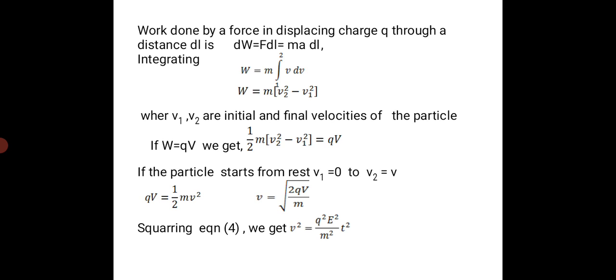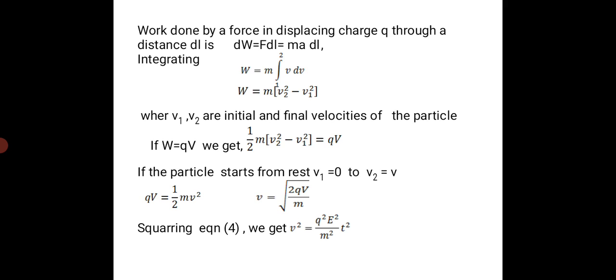Integrating this equation, w is equal to m times the integration of v dv between the limits 1 to 2. So w equal to half m into bracket v2 square minus v1 square, where v1 and v2 are the initial and final velocities of the particle.